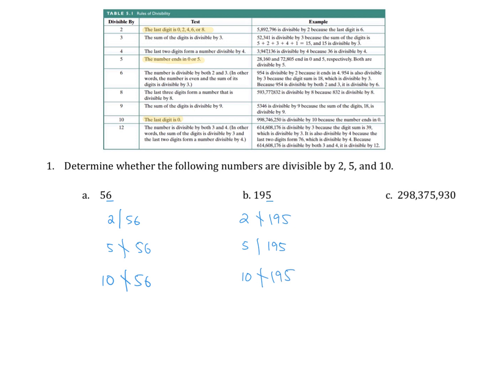And our last one ends in 0, so it's going to be divisible by 2, 5, and 10. 2 goes into it, 298,375,930. 5 goes into that number as well. And so does 10.